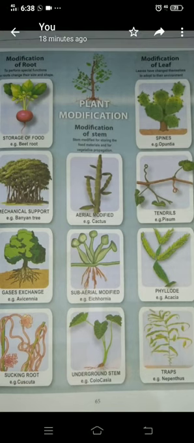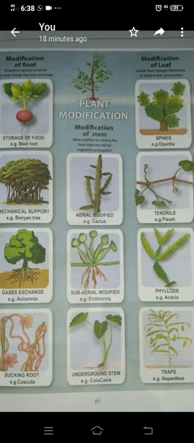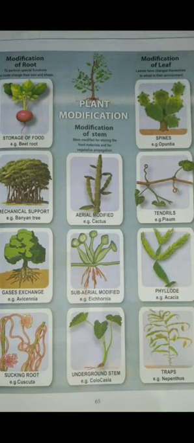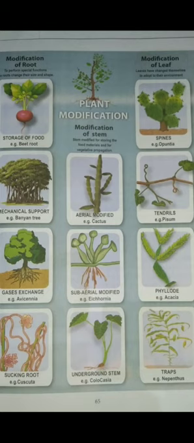Here leaf modifications, spines and tendrils do the function of photosynthesis. Then the pitcher is a flask-shaped structure, a modification of leaf, and eats insects. Thank you.